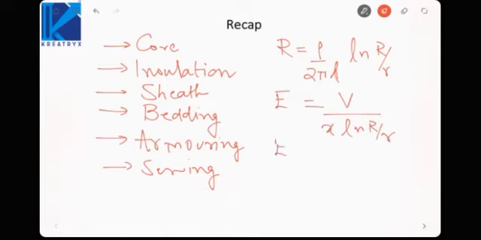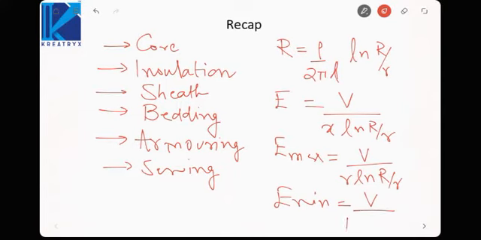So we saw the maximum electric field occurred at the conductor surface, it was this, and the minimum electric field was this much. And we saw the most economic radius was R is equal to r times e. So in this lecture we will continue from this point.